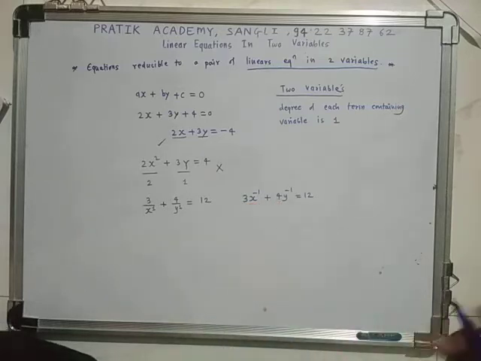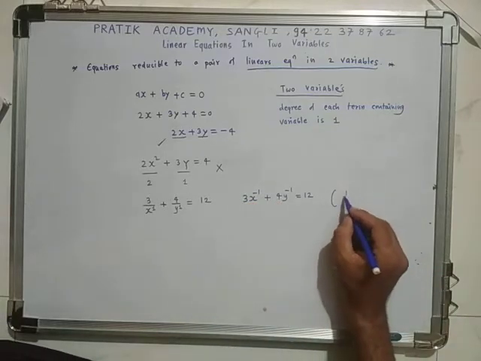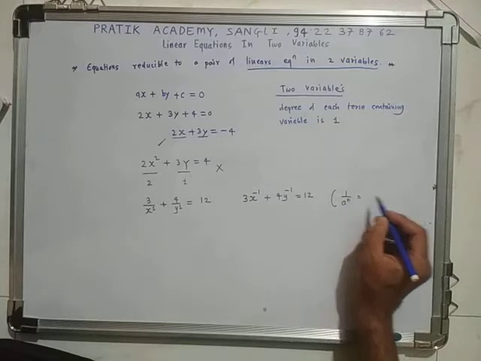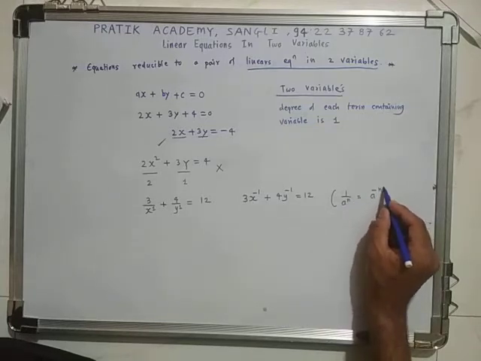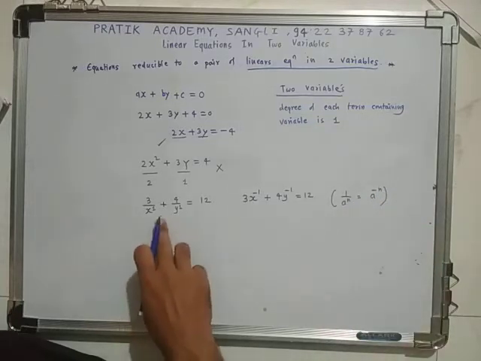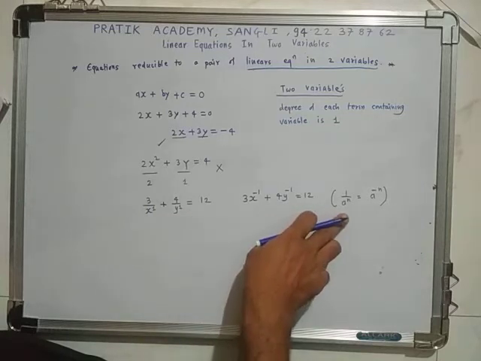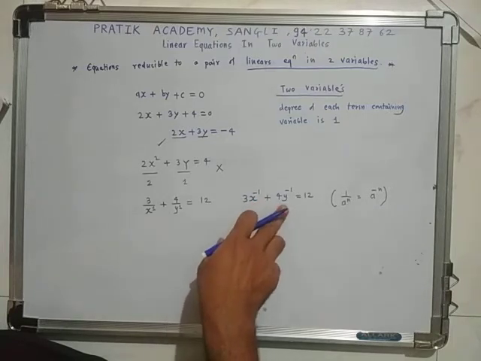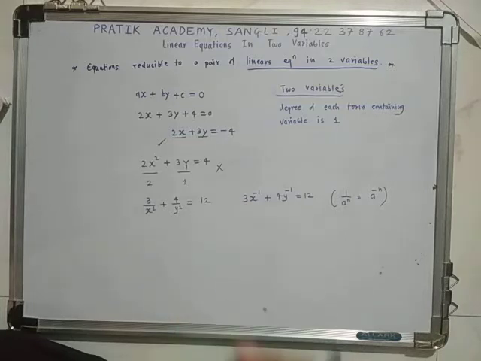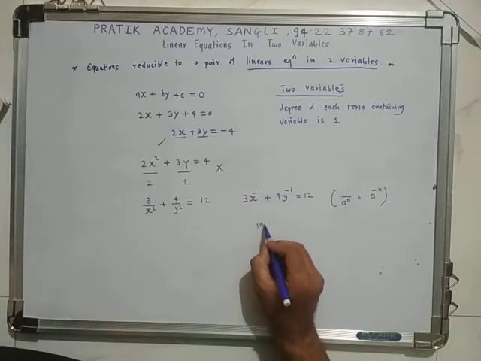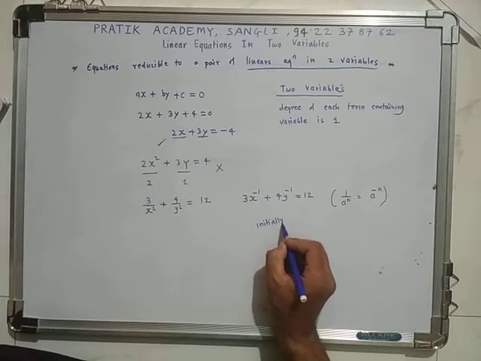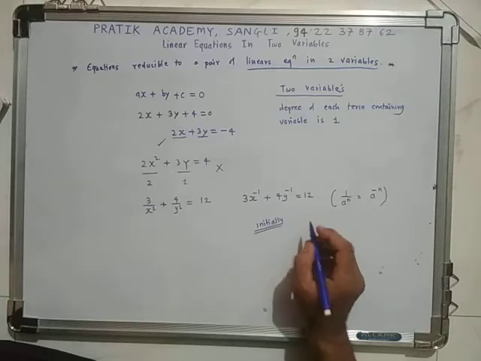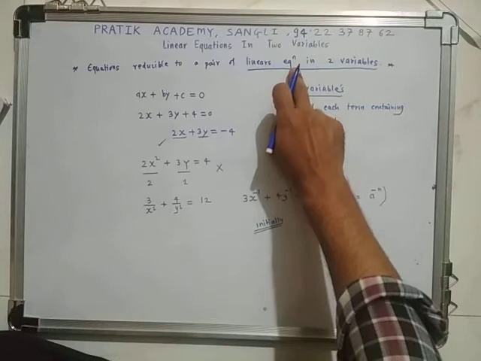This is according to our law of indices, that is 1 upon a raised to n is equal to a raised to minus n. Here there are two variables, but the degree of each variable is minus 1. So initially these do not look like a linear equation in two variables.